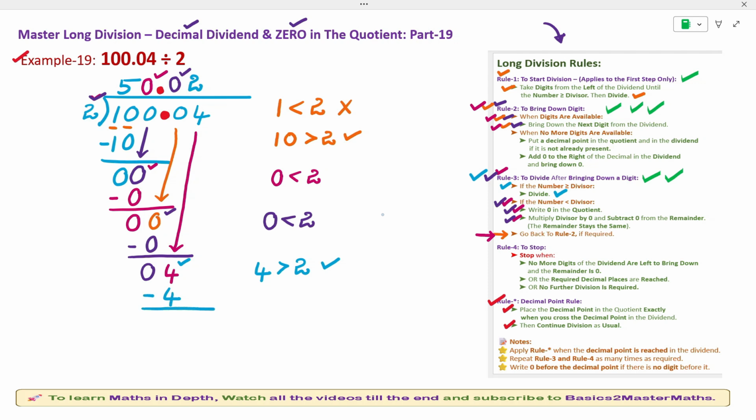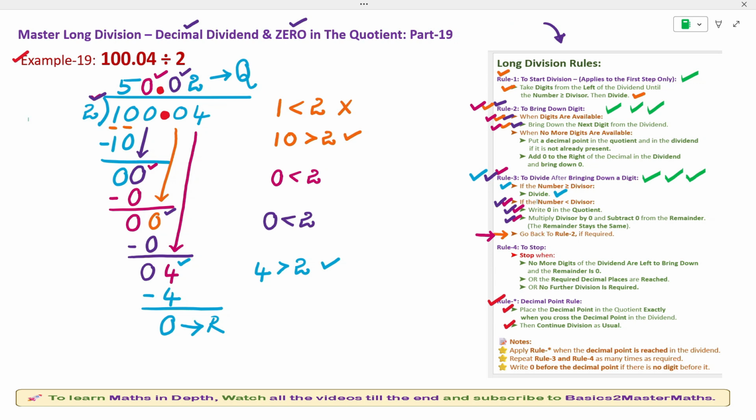So, you will get 0 as the remainder and 50.02 as the quotient. Now, rule 3 is complete for the third time.